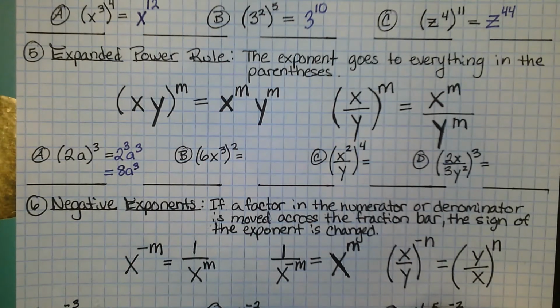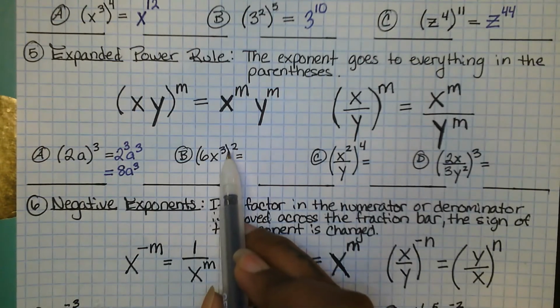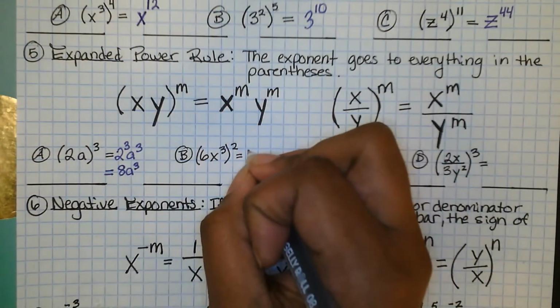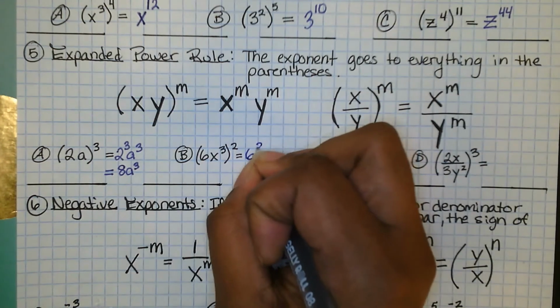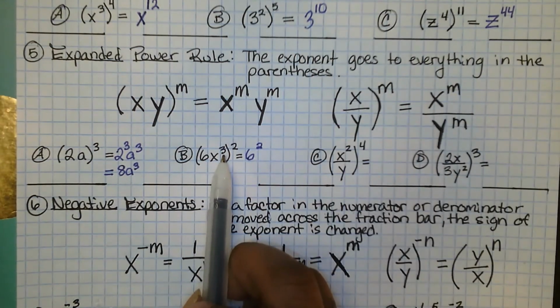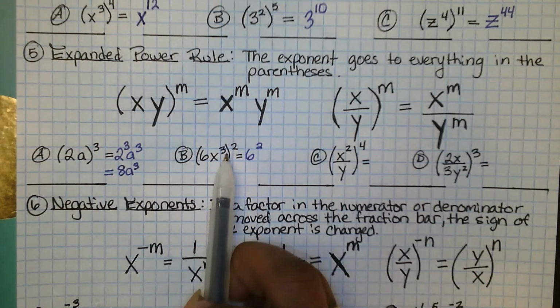For B, we have 6x cubed squared, quantity squared. Okay, so the 6 gets the square, but then we also have to give the square to the x. But if you recognize this, this is the power rule. We just discussed this.